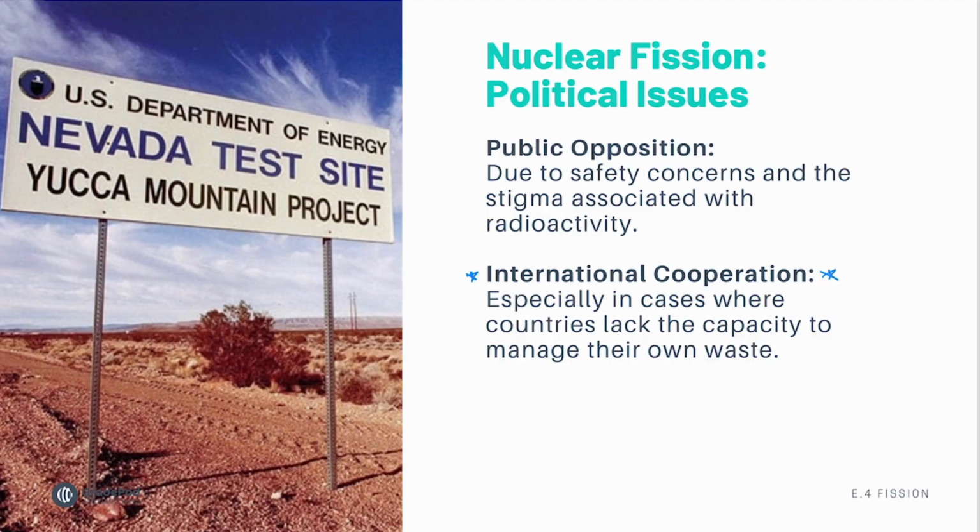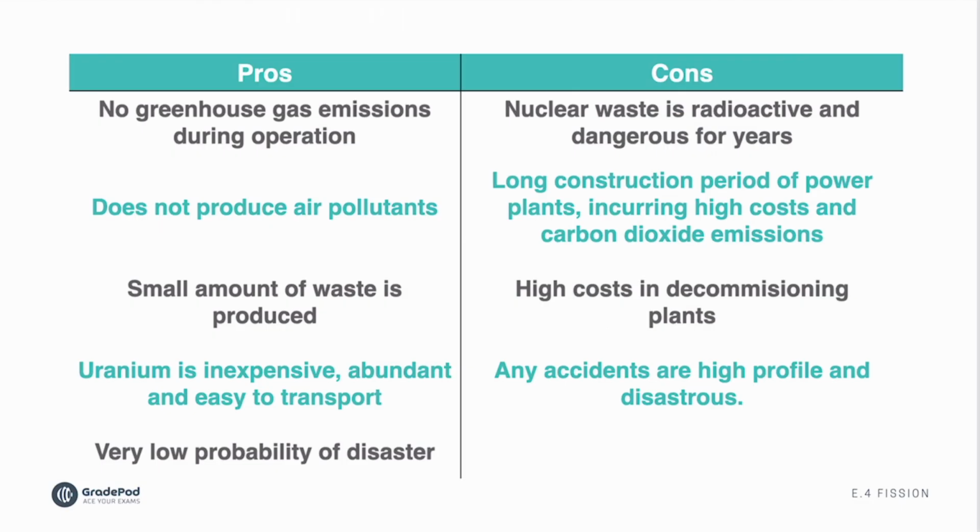So let's do a general wind-up of the pros and cons of nuclear power. One of the biggest pros is that there's no greenhouse gas emissions. We're not burning anything. No horrible gases are going into the air. So that's a massive pro. It doesn't produce any air pollutants either. If you see steam coming out of a nuclear power plant, it's exactly that.